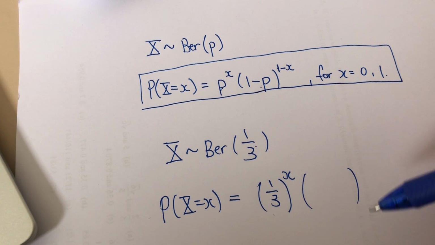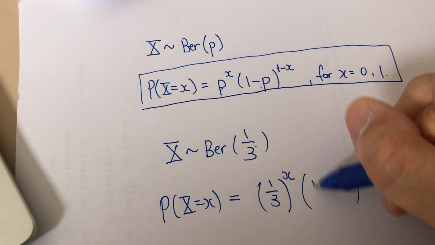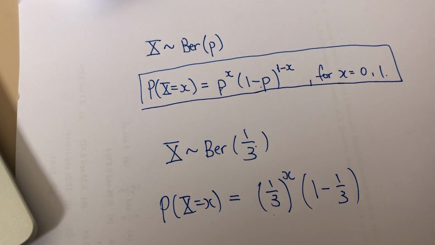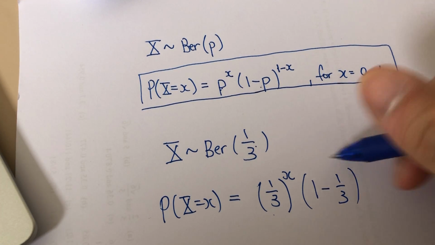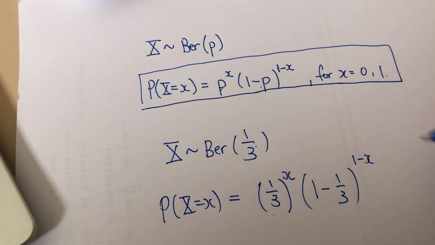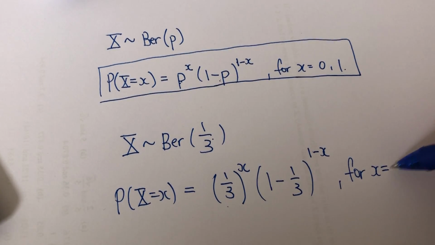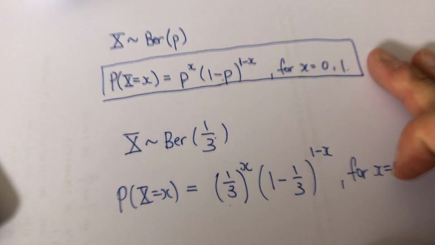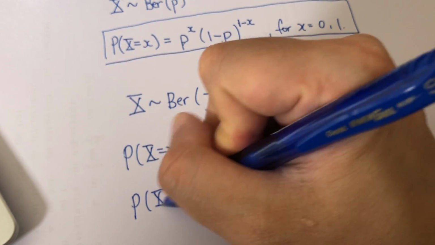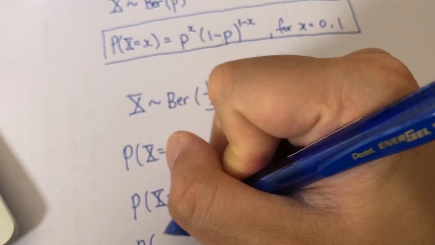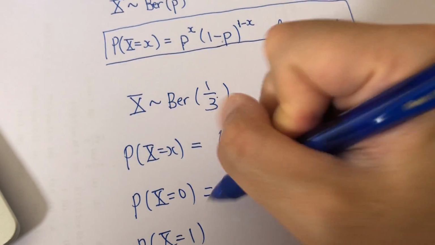If success is 1 over 3, then failure is 1 minus 1 over 3, to the power of not x but 1 minus x. And we know that x could be either 0 or 1. So this is the formula. By using the formula, you can find all the probability, because x could be either 0 or 1.